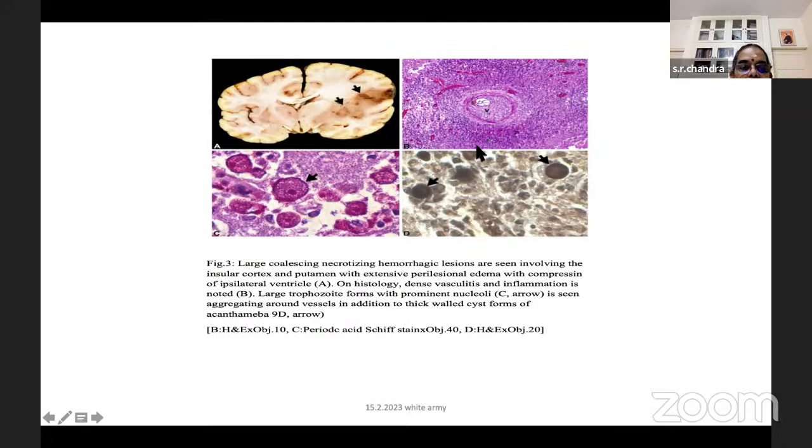So this was a primary amoebic meningoencephalitis in a young person who did not have any history of bathing in a contaminated pond. So from where he got it, we don't know. This is the primary amoebic meningoencephalitis.